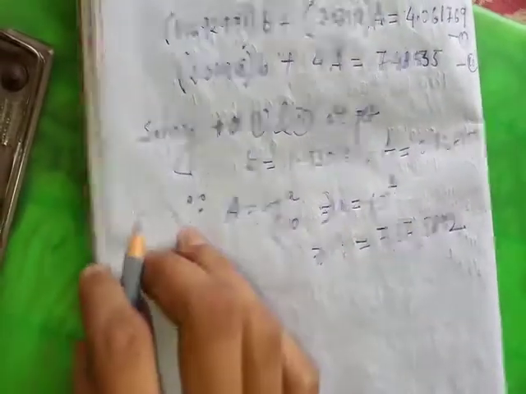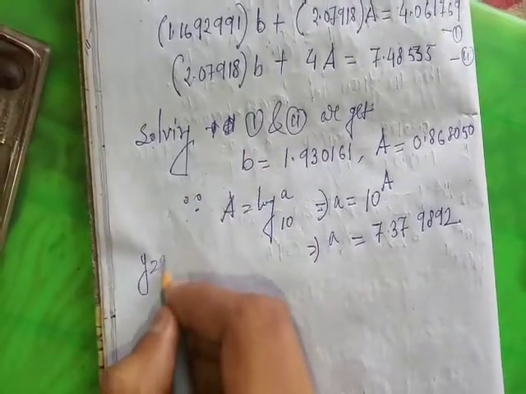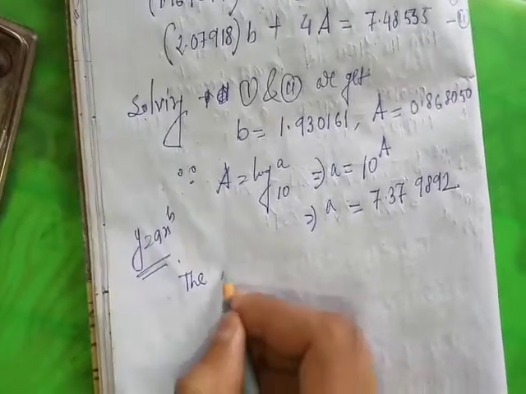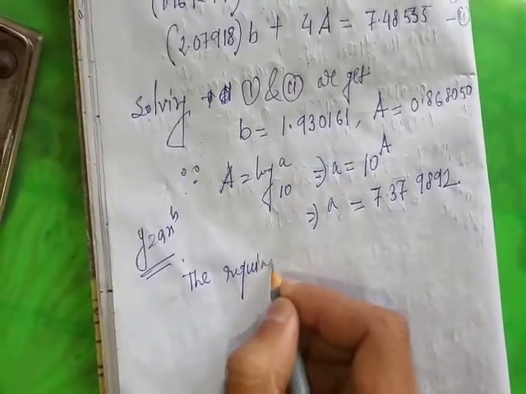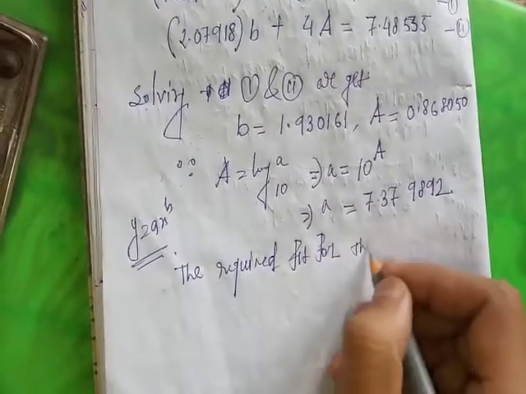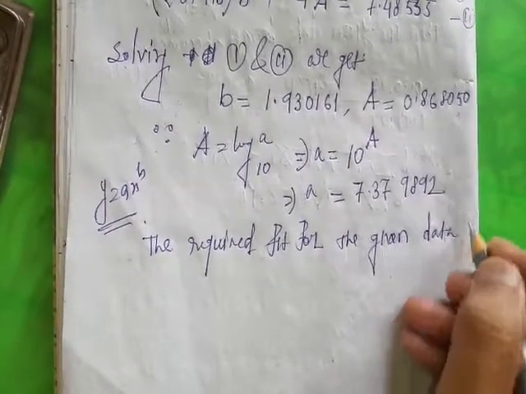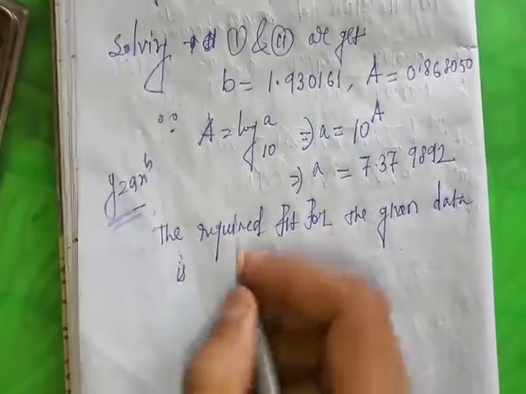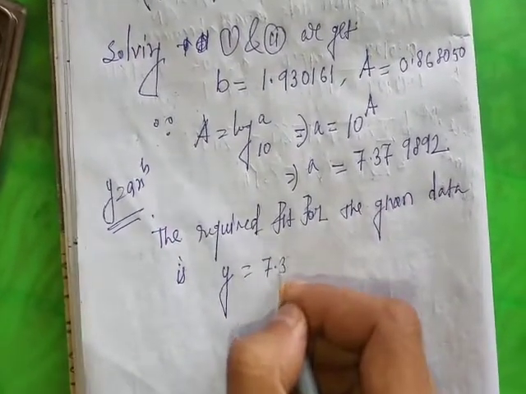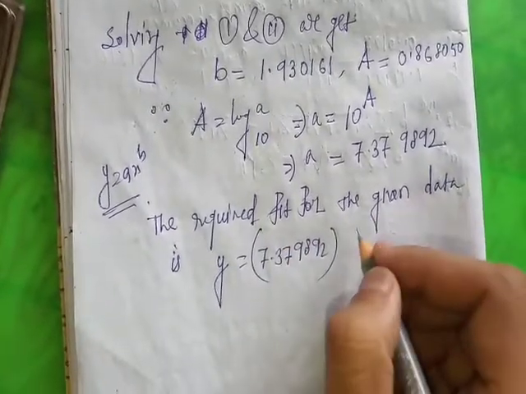So hence the question is to fit a curve y equal to a x to the power b. The required fit for the given data is y equal to a, this is the value of a, 7.379892, into x to the power b.